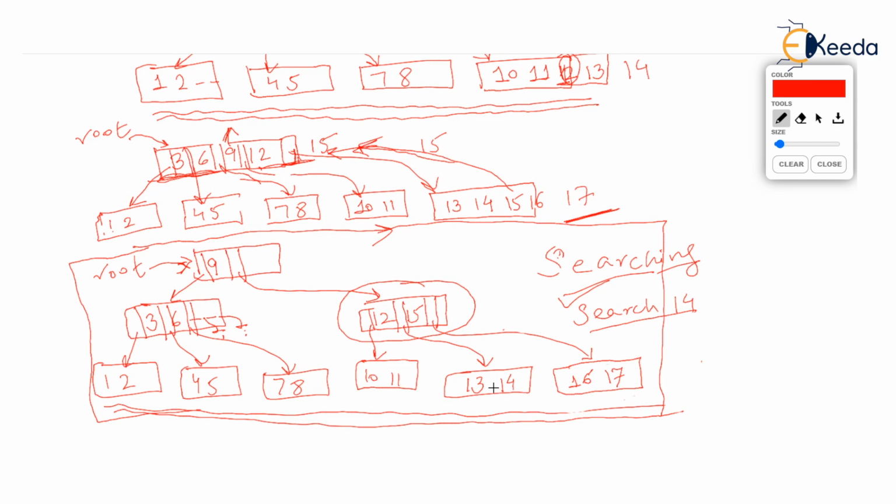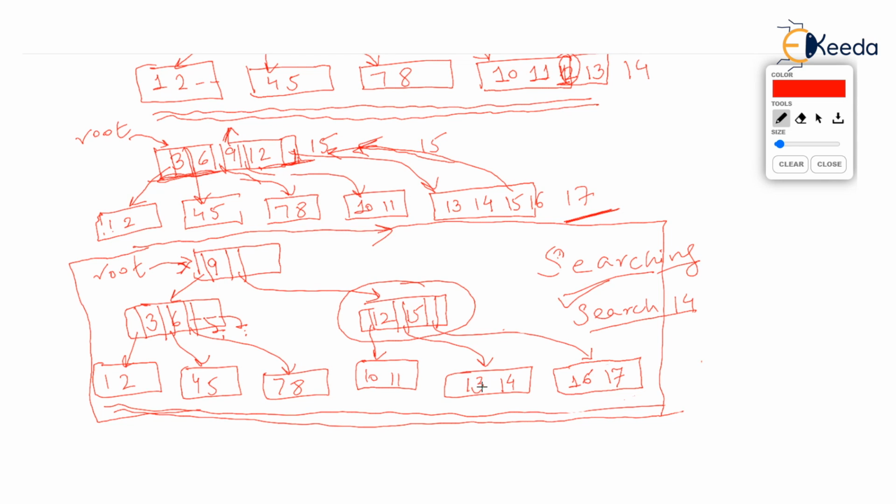By the way, in this entire search process, just observe how many nodes were actually accessed, how many nodes were actually loaded, or how many nodes were checked. The node which stored 9 was checked. Then we checked the node which was storing 12 and 15.